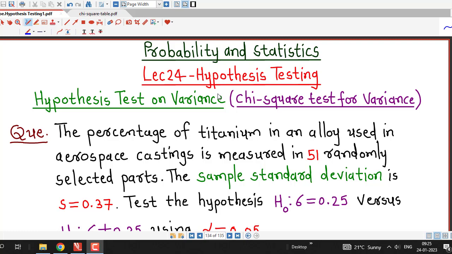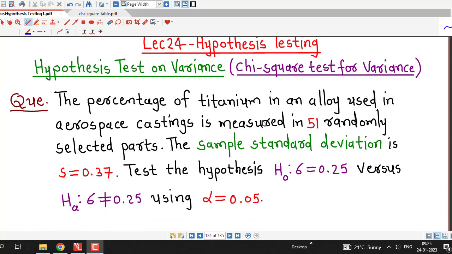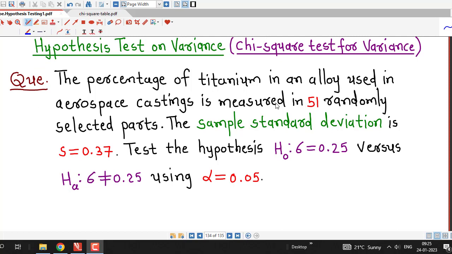In this lecture, we will discuss one more question on hypothesis test on population variance, or chi-square test for population variance. First, we understand what this question is about. The percentage of titanium in an alloy used in aerospace castings is measured in 51 randomly selected parts.